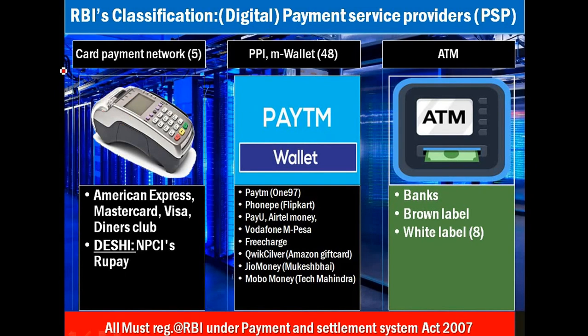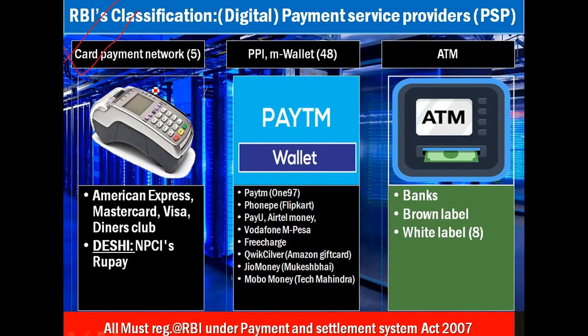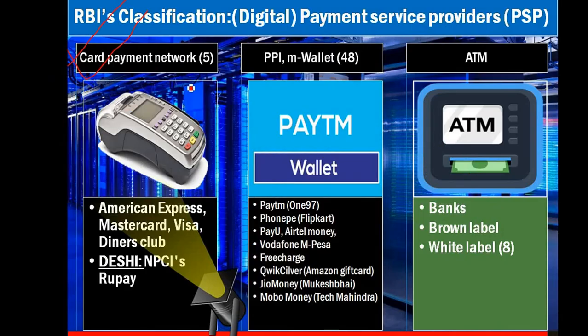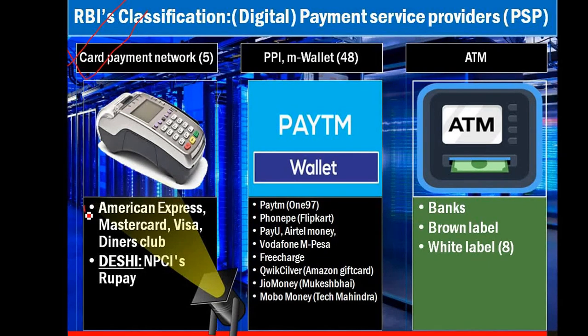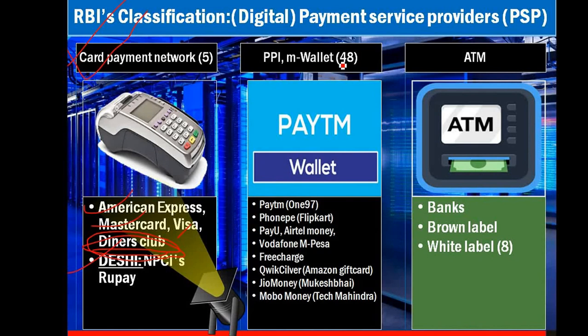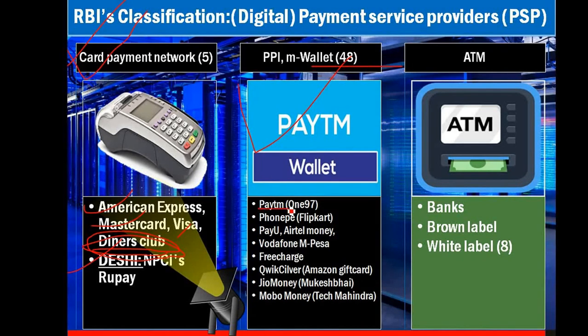So next is micro ATM. What is a micro ATM? If you see this machine, this is the micro ATM. It can be used as a point of sale, with a card or Aadhaar-enabled finger scanner, to transfer money and to settle digital payments.